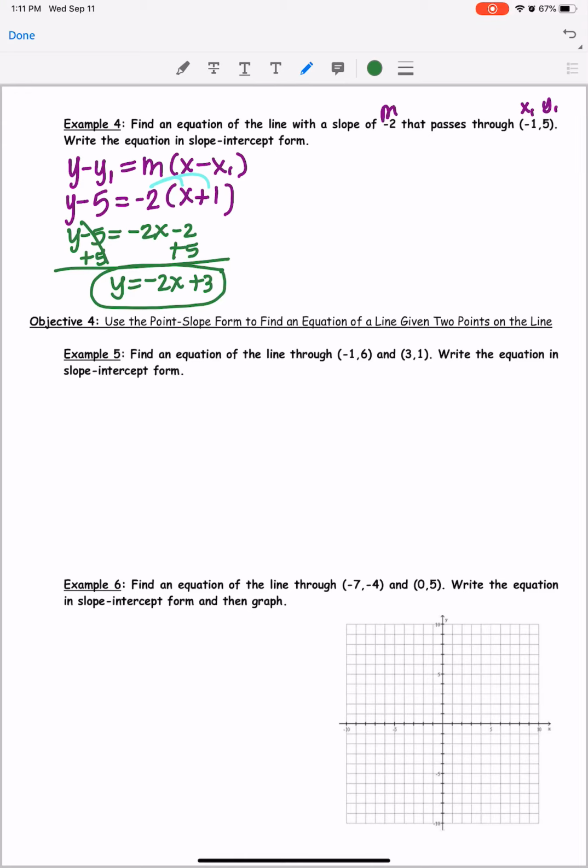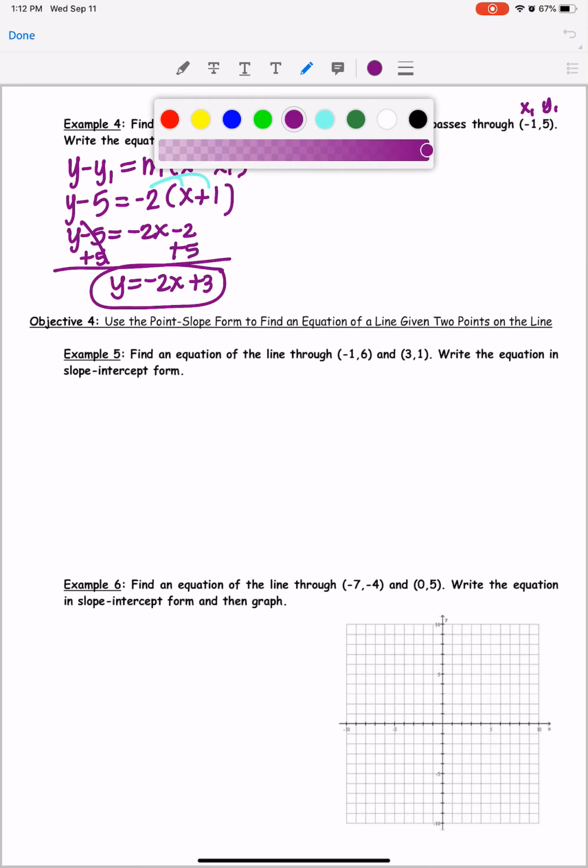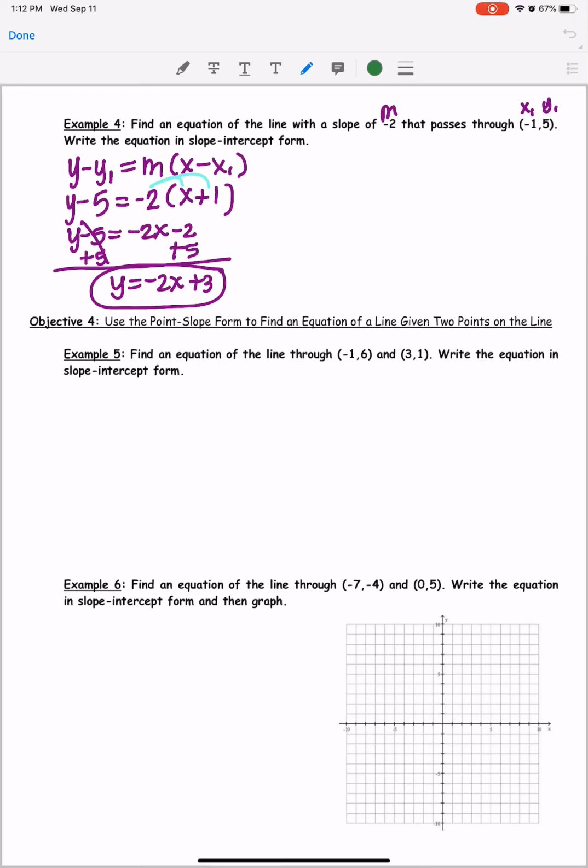So I'm going to use my slope formula. My slope formula is y2 minus y1 over x2 minus x1. Label your ordered pairs.